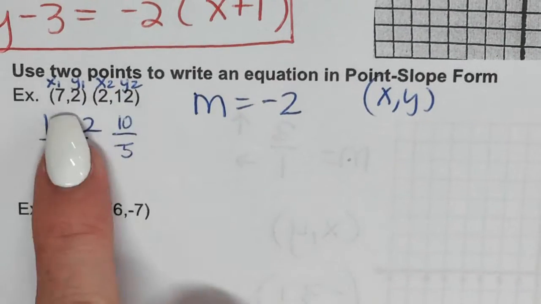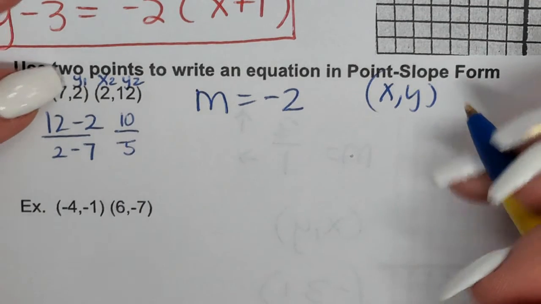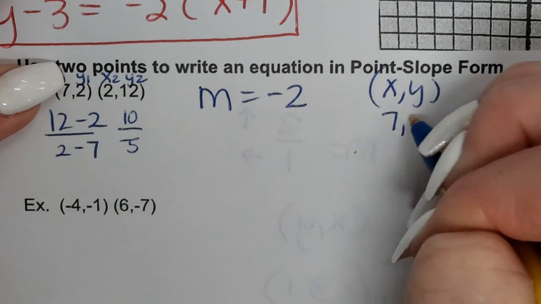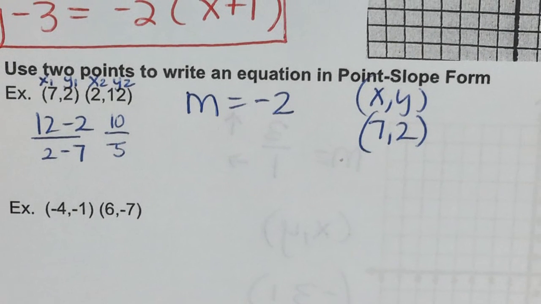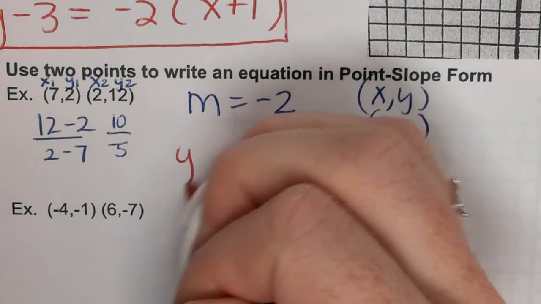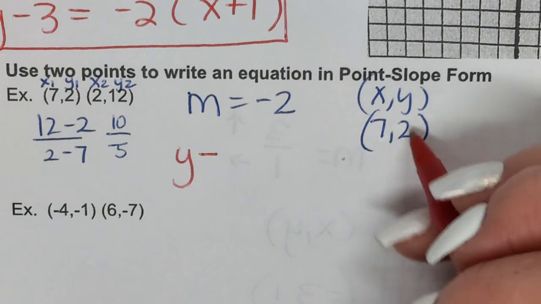All right, which one of these coordinates do we want to use? Which one? 7, 2? All right, now all we got to do is drop the numbers into point slope formula. So I'm going to do y minus my y coordinate. What's my y coordinate? 2.